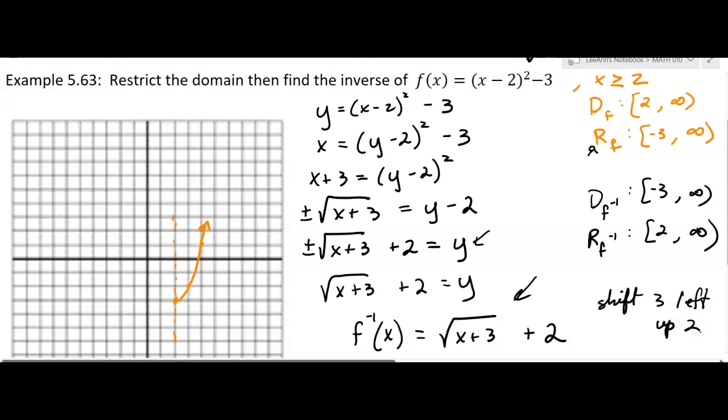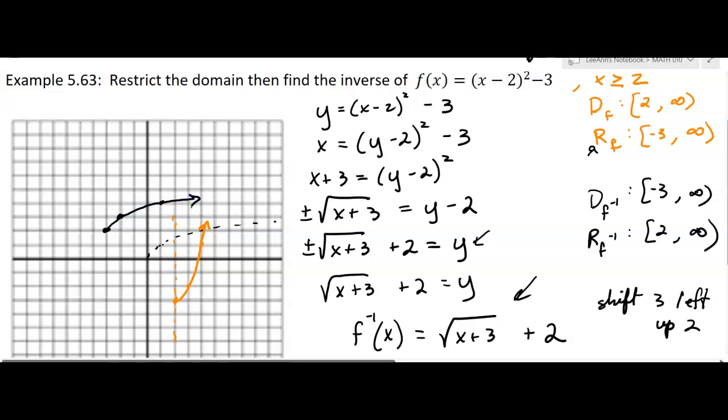Okay, so our normal one, I'll just try to dot it in here, kind of looks something like that. But now we're going to go 3 to the left, 1, 2, 3, and up 2. So we're going to have a point there, we'll have a point there, 1, 2, 3, 4, and a point there. And so it'll be going off that way.